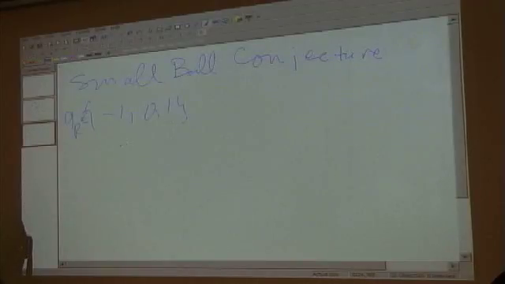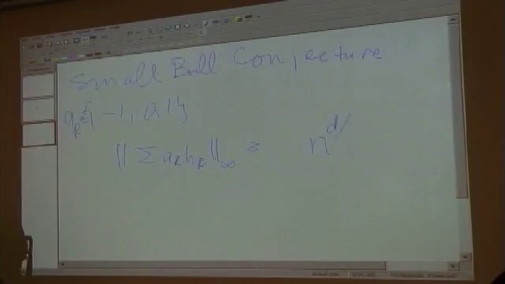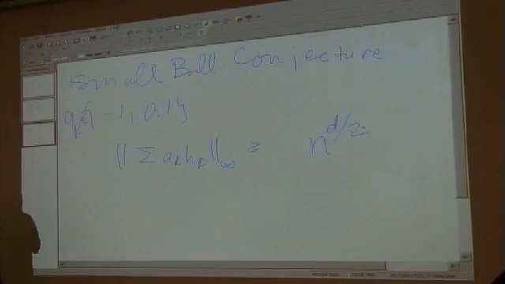And then we take the sum of the A sub R times H sub R, and the L infinity norm is bigger than n to the d over 2. Except I can obviously violate such an inequality if I set all the coefficients to be 0. So we agree that half the coefficients, or a quarter of the coefficients, let's say a quarter, are non-zero.